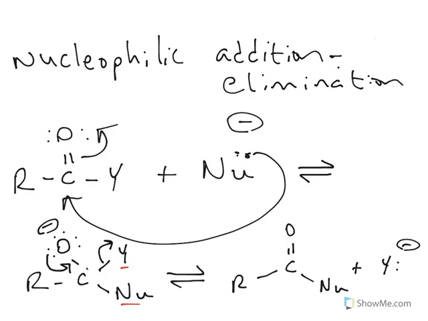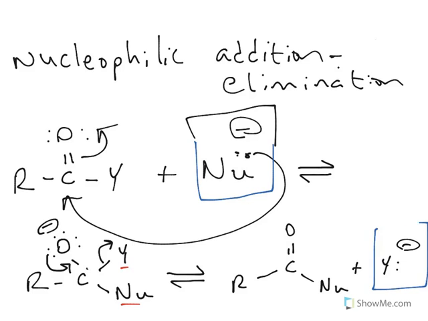Is the weaker base going to be the nucleophile? Pardon me, that should have its negative charge associated with it. Is the weaker base the nucleophile, or is the weaker base Y minus? That question is impossible to answer right now because we don't know what the nucleophile was or what Y minus is.